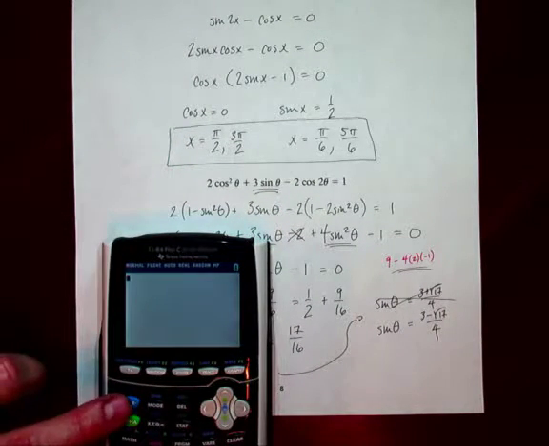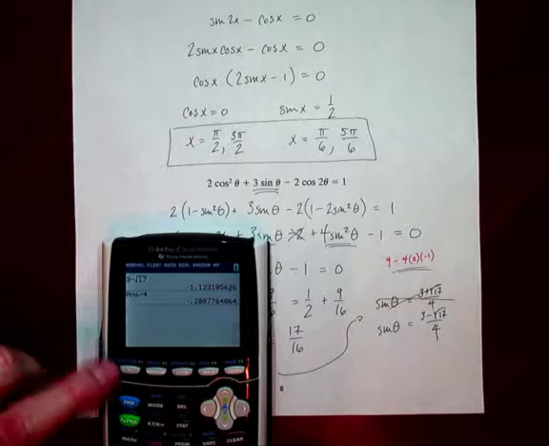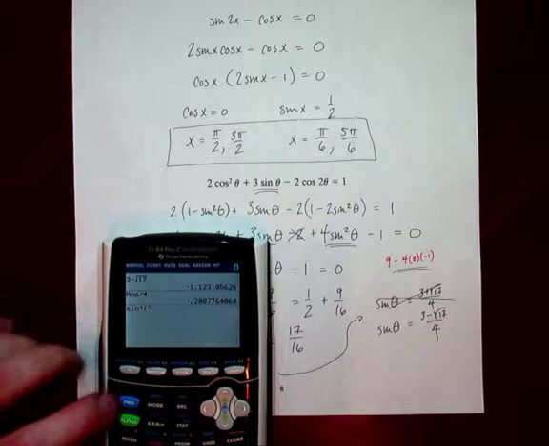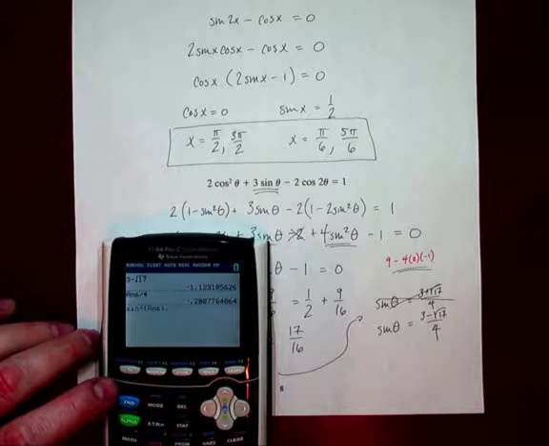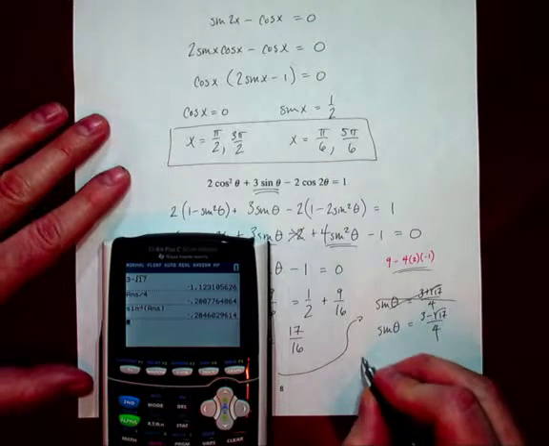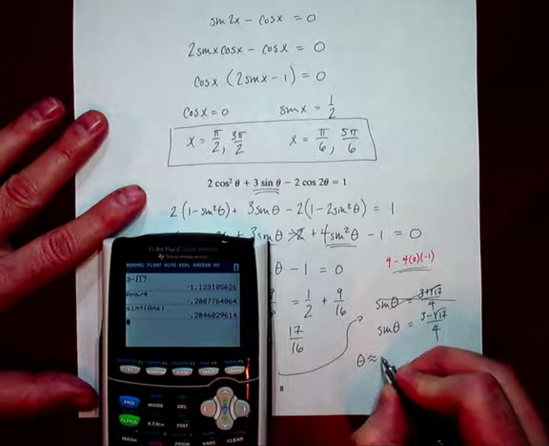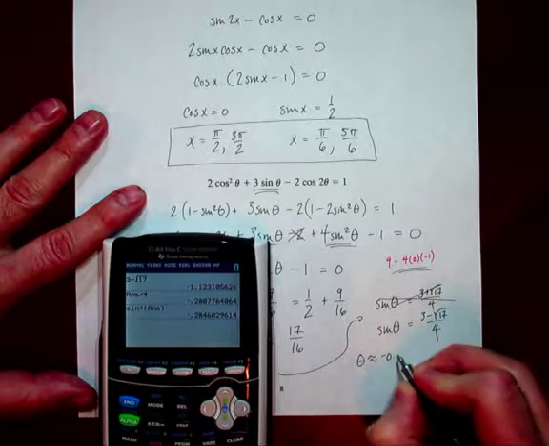Let's do the 3 minus root 17, and then divided by 4. And then we're going to take the arc sine of that value, and we're going to get theta is equal to negative 0.285.